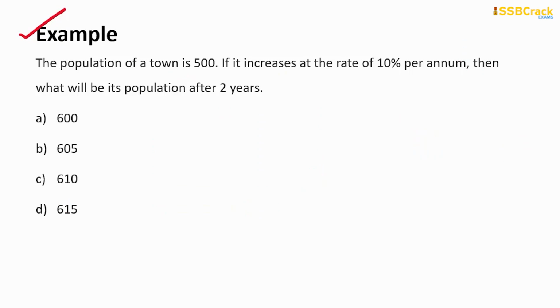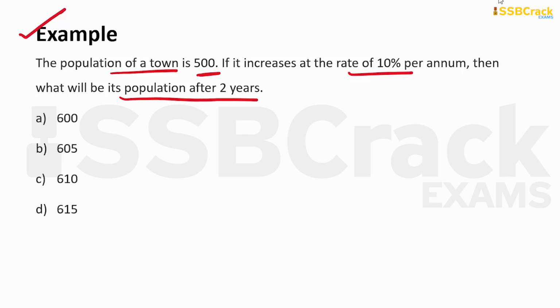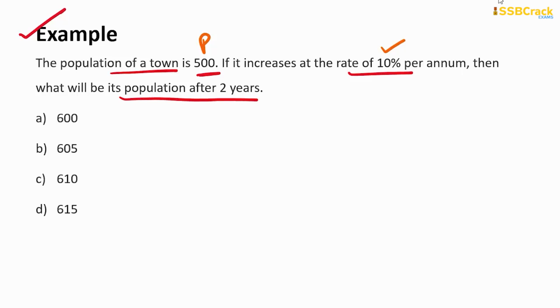This is the example, and it states that the population of a town is 500, and if it increases at a rate of 10% per annum, then what will be its population after 2 years? So here P is given as 500, the population is increasing at a rate of 10% per annum, and here n will be 2 years because we have to calculate the population after 2 years.